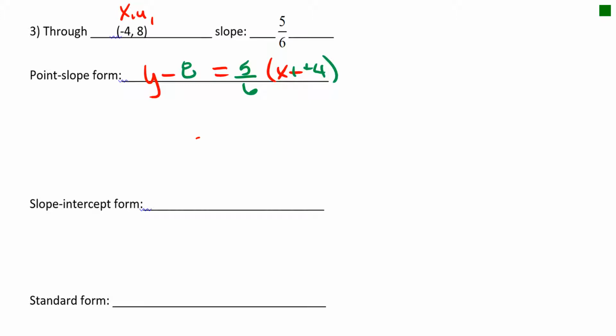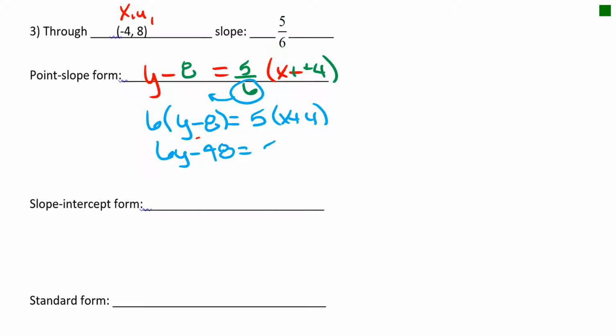Okay, I'm getting rid of that box because when I go to slope-intercept, I need to get this 6 and sneak it over on the other side. So I'm going to go 6 times y minus 8 equals 5 times x plus 4. So I'm going to distribute: 6y minus 48 equals 5x plus 20.